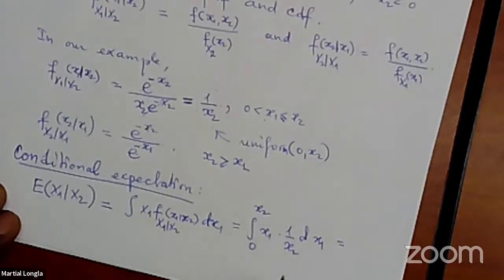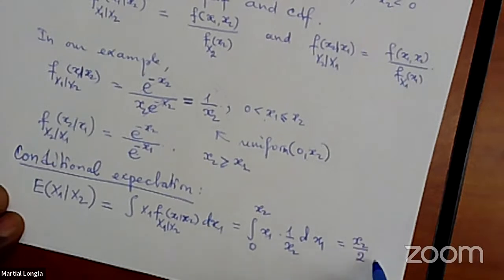When you integrate that, you get x1 squared over 2, plug in, you get x2 squared over 2 x2. So the answer is x2 over 2.